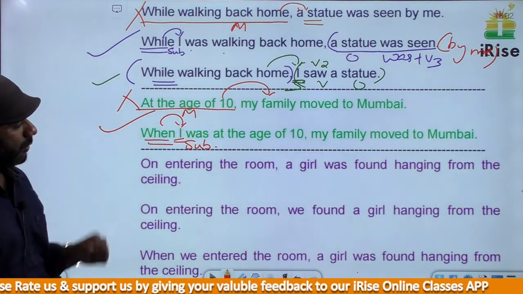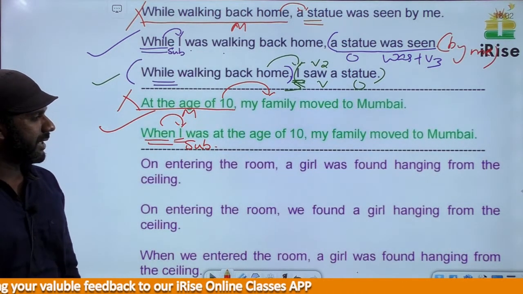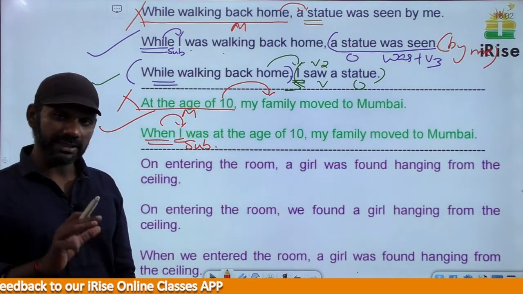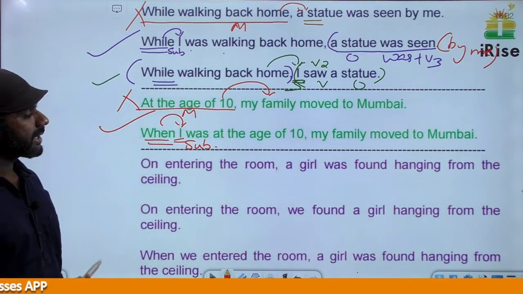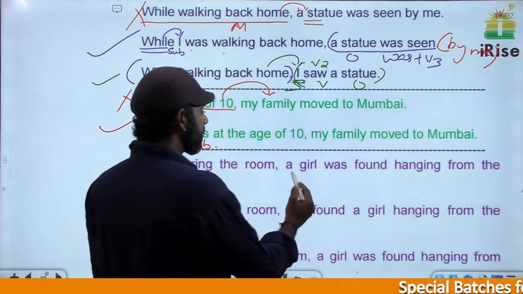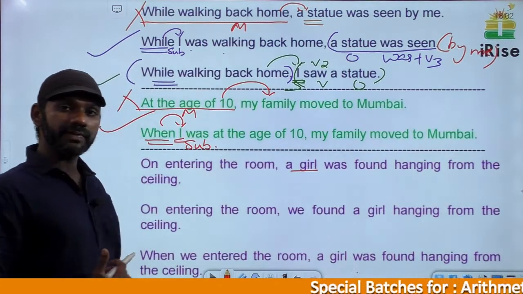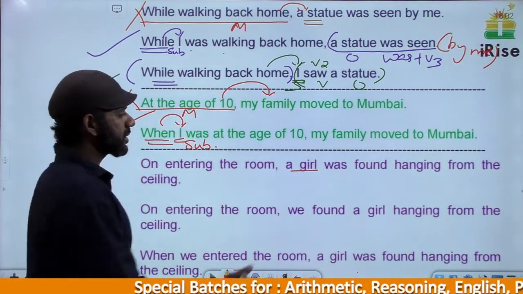Come to the first statement. On entering the room, comma, a girl was found hanging from the ceiling. Is it grammatically correct? Does it make sense? A girl was found means a girl received the action, object.